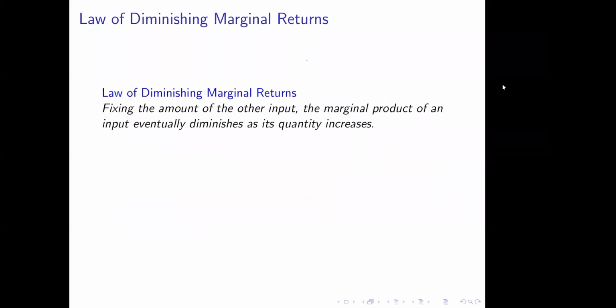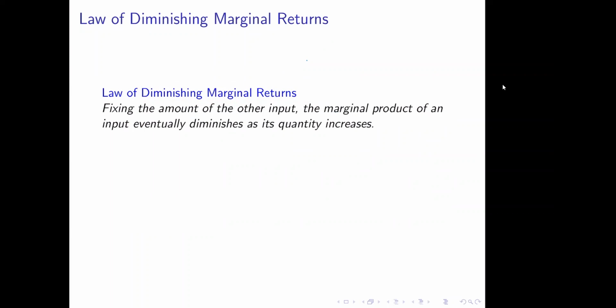Okay. Next, the law of diminishing marginal returns, and then there is another one, which is the law of diminishing marginal rate of technical substitution. So don't get confused between these two things: diminishing marginal returns versus diminishing marginal rate of technical substitution.